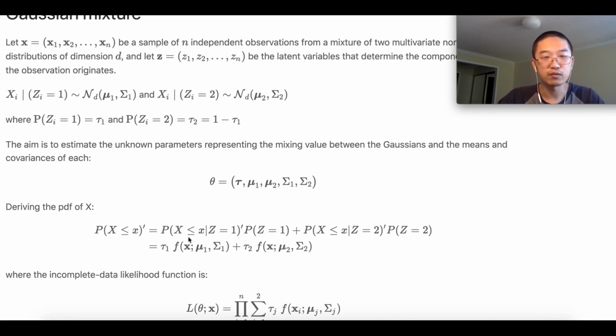And once we take the derivative with respect to x, we get tau 1, which is from this one, and tau 2 from this one.